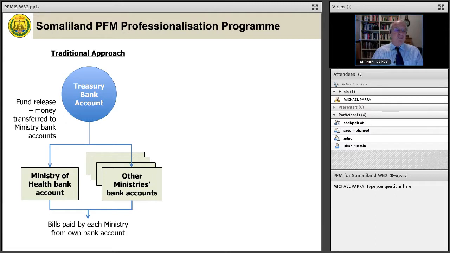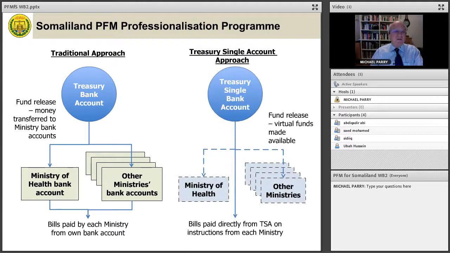There are several disadvantages to that. First one is that you'll tend to have a lot of money lying in different bank accounts and not earning any interest. And the second one is a loss of control, because it's gone out to these different organizations and you'll rely on their accounting systems.